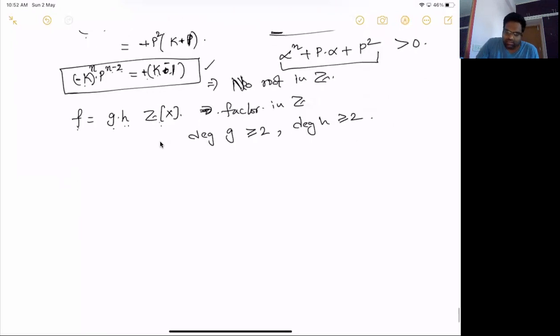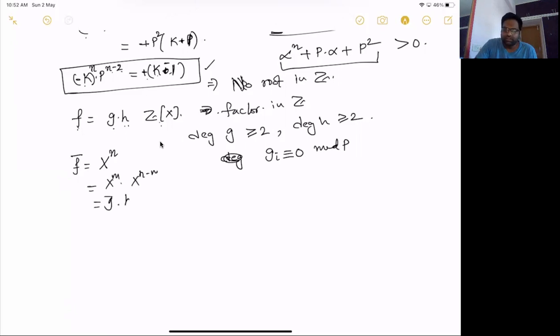Okay, so arguing as before, you will see that f bar is x^n, and the rest of the terms are 0. This is g bar times h bar. So this implies gi is congruent to 0 mod p for i strictly less than the degree of g, and similarly hj is congruent to 0 mod p for j strictly less than the degree of h.